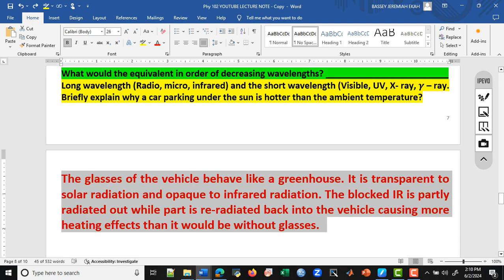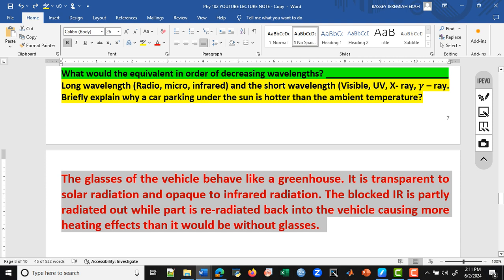When it re-radiates inside the vehicle, from the seat of the vehicle, it becomes infrared. So infrared tends to be opaque to the windscreen, but the windscreen is transparent to UV rays. Let's read this again. The glasses of the vehicle behave like a greenhouse.